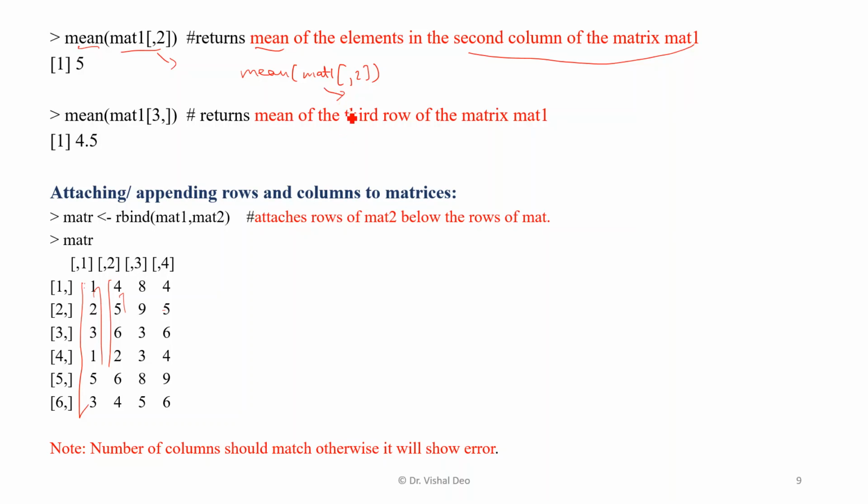So this is what can be used if you want to apply a function to a vector inside a matrix, or apply a function to a particular row or to a particular column of a matrix. Similarly, here there is an example. If you want to calculate average marks for a particular row, for the same example, rows represent students.